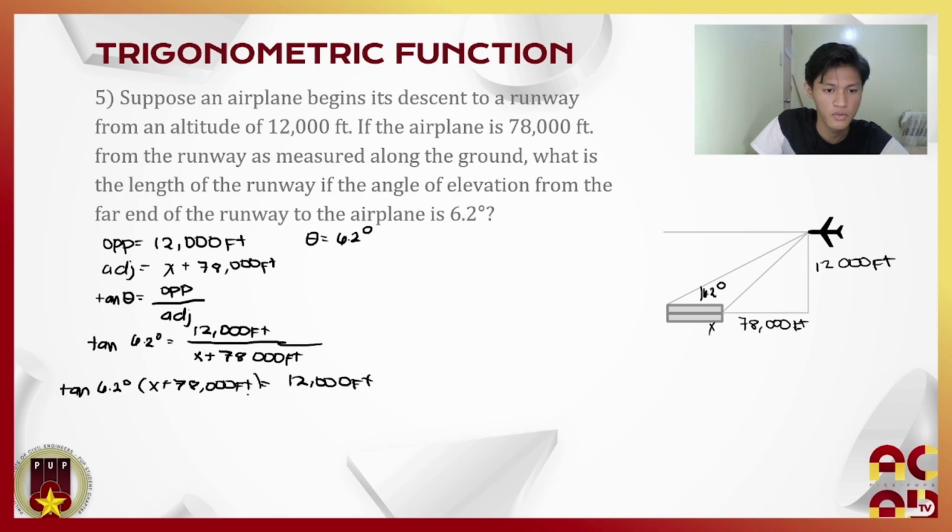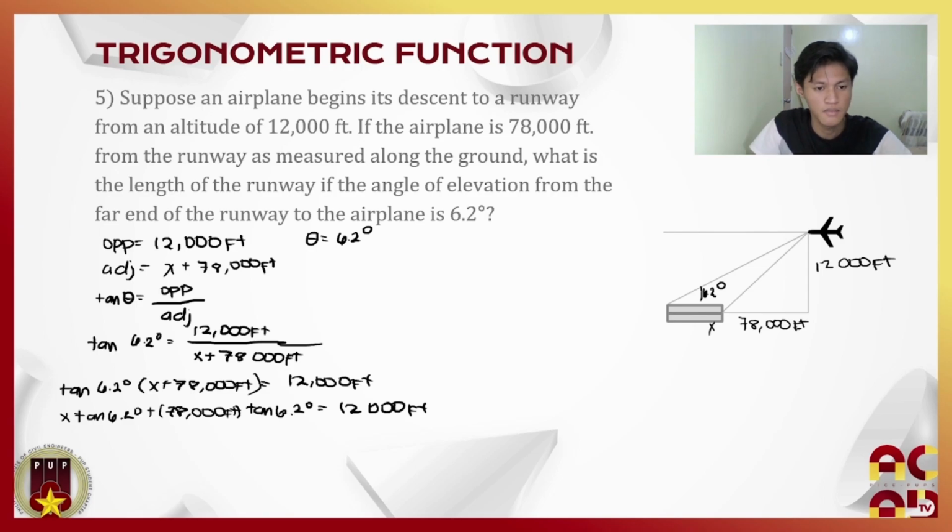Distribute yung ating tangent 6.2 degrees. So, x tangent 6.2 degrees plus 78,000 feet tangent 6.2 degrees is equals to 12,000 feet. Transpose itong 78,000 feet times tangent 6.2 degrees para maiwan yung x natin.